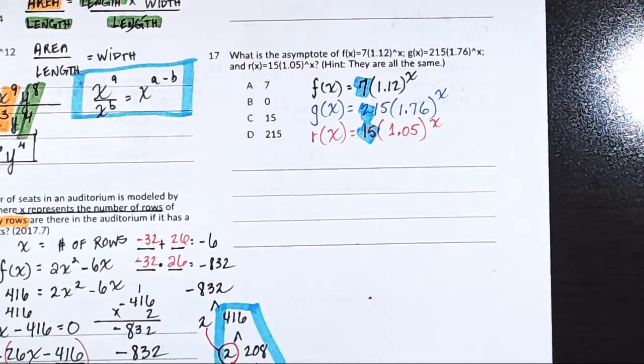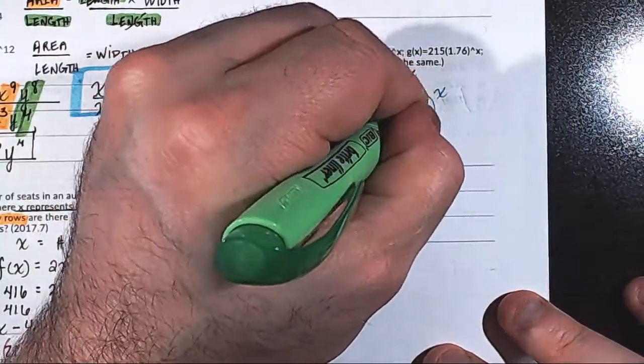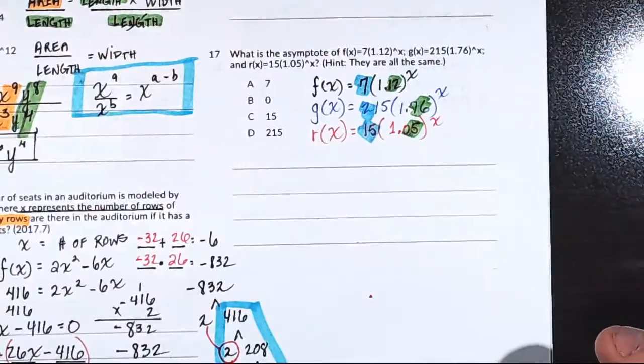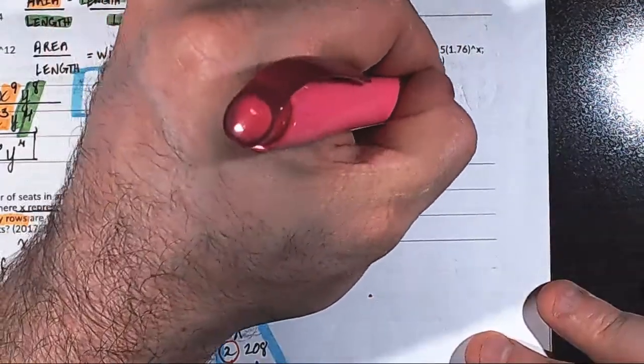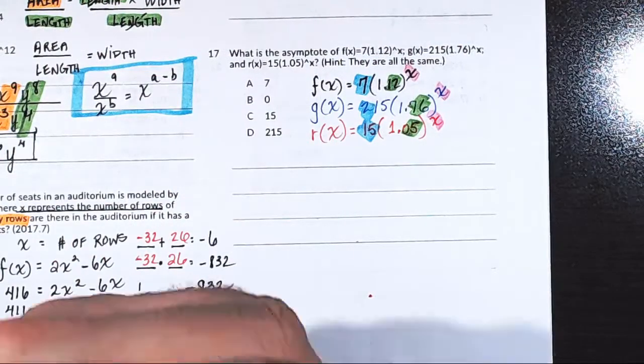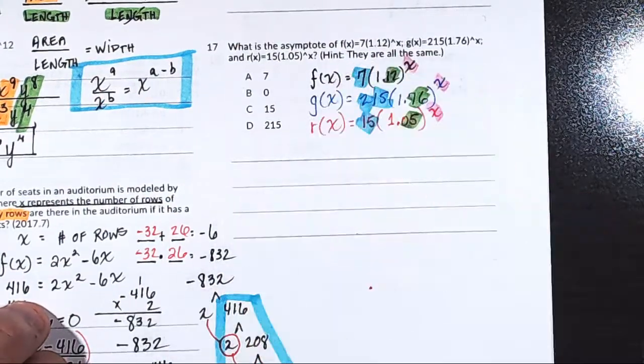The rates, the R values, are 0.12, so 12%, 0.76, 76%, and 0.05, 5%. And the times are all the same. They're x, x, and x. So really there's nothing the same about these equations. So it's like, what could possibly be the same about them? Because it says, hint, they are all the same.